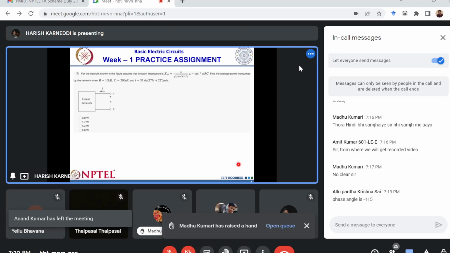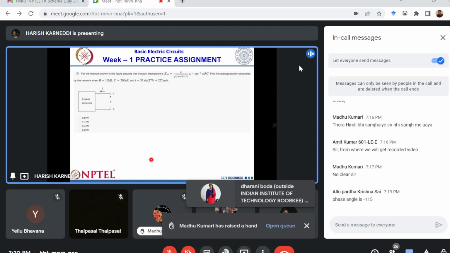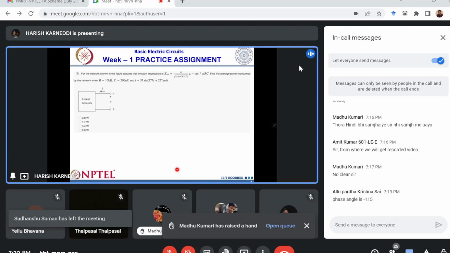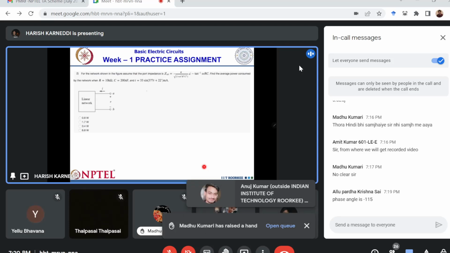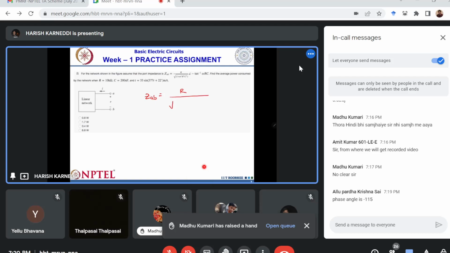Coming to the next question: for the network shown in the figure, assume that the port impedance ZAB equals R by square root of 1 plus omega square R square C square, at an angle of minus tan inverse omega RC.